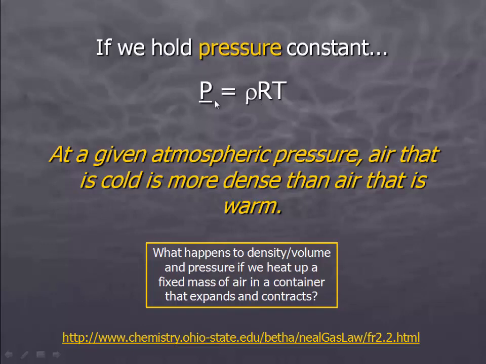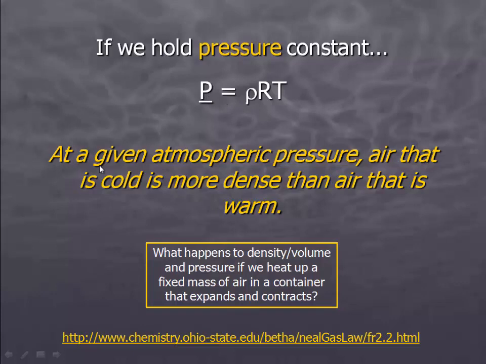So again, cross out P, cross out R, it is our constant. We're left with equals rho T. Divide a variable to the other side, and you're left with 1 over that variable equals another variable. So it's kind of like the old 1 over A equals B sort of thing. It's an inverse relationship.